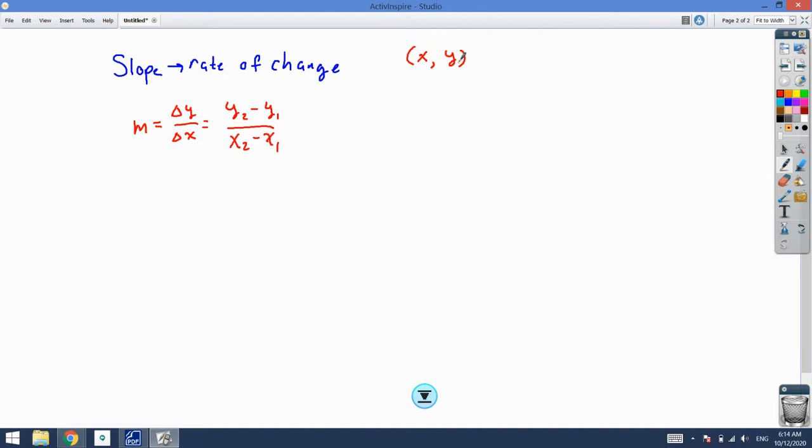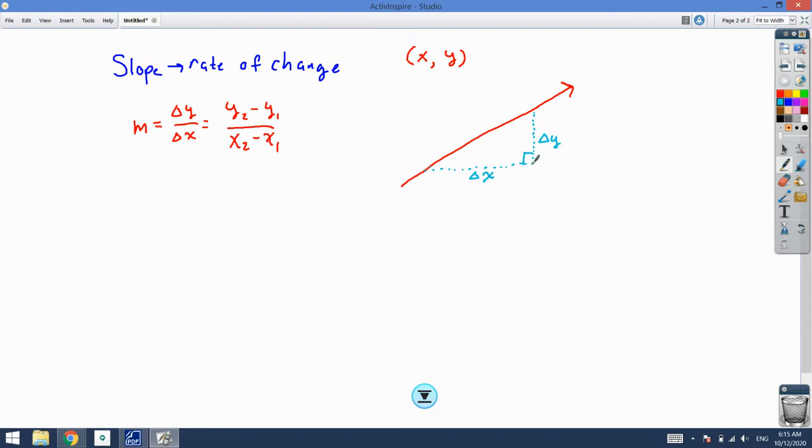So if you imagine a line such as that, we know that its slope, pretty much how much it's going up or down, is just going to be its change in y over its change in x.